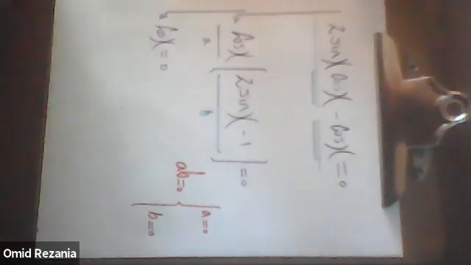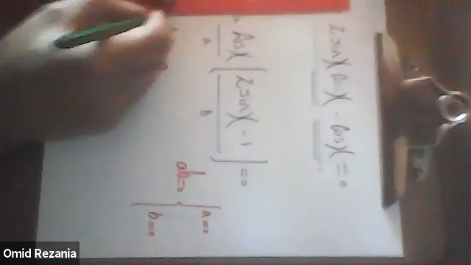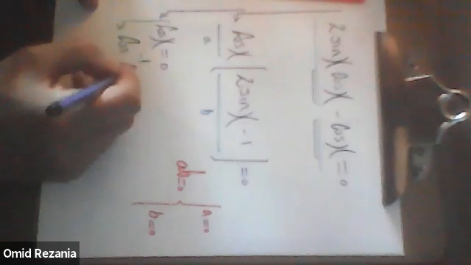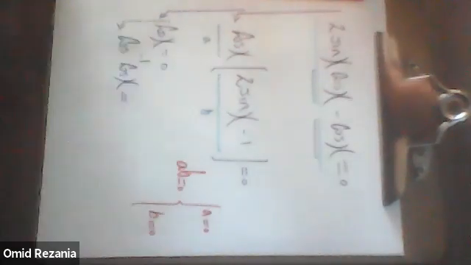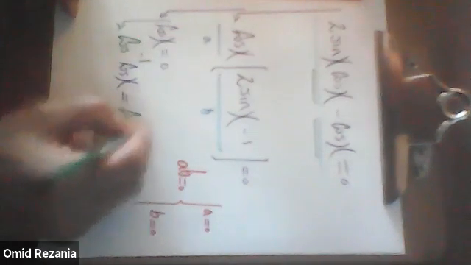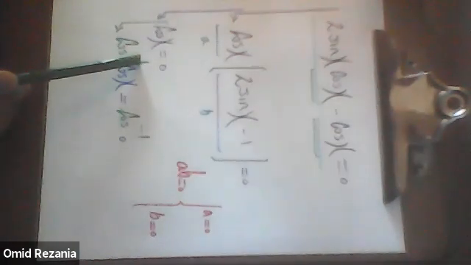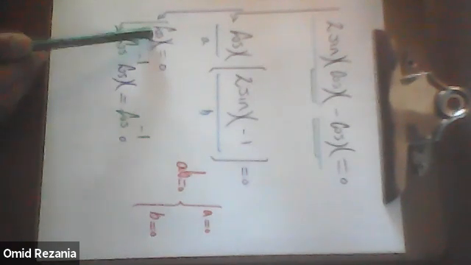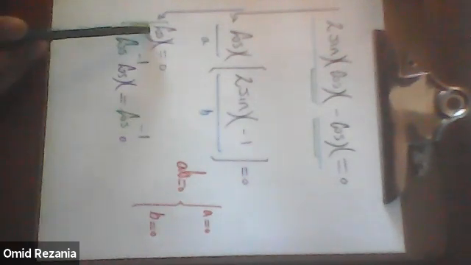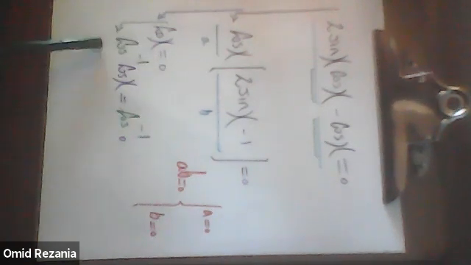So for the next step, I'm going to write cosine inverse of cosine x should equal cosine inverse of 0. You see, I took only the cosine inverse from both sides, because I see the cosine x is there, and I needed to use this property that cosine inverse of cosine of x becomes x.